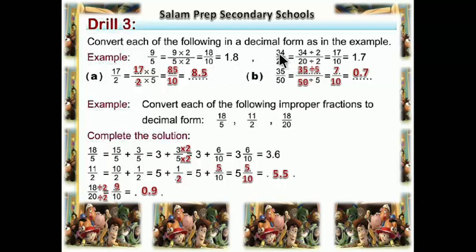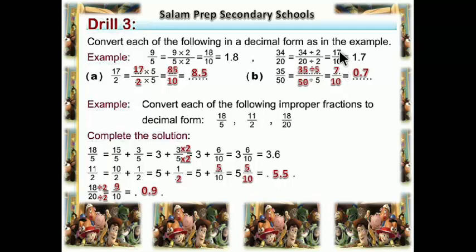Another example, 34/20. We need to make the denominator 10. So 20 divided by 2 equals 10. 34 divided by 2 equals 17. 17/10, this is an improper fraction.